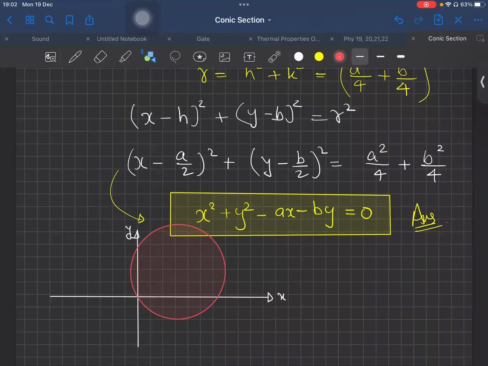Let's say like this, and it's given it is passing through points (a, 0) and (0, b), and origin (0, 0). What other circle is possible? a and b can be on the negative side as well, right? So another possible circle will be like this.